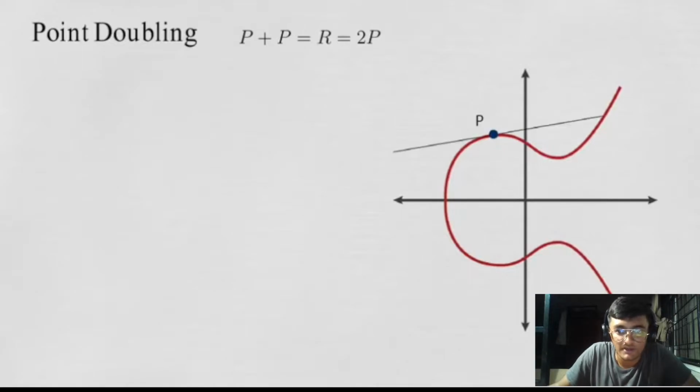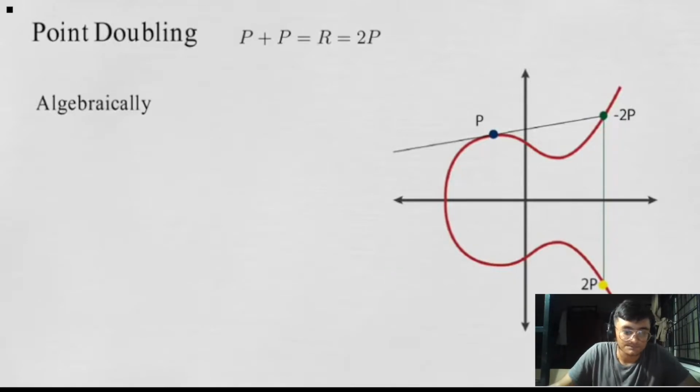Geometrically, we need to find the point of intersection of the tangent line with the curve. So minus 2p and 2p are mirror images of each other. To find the distance between them, this is the formula, and by using this formula we can find that.